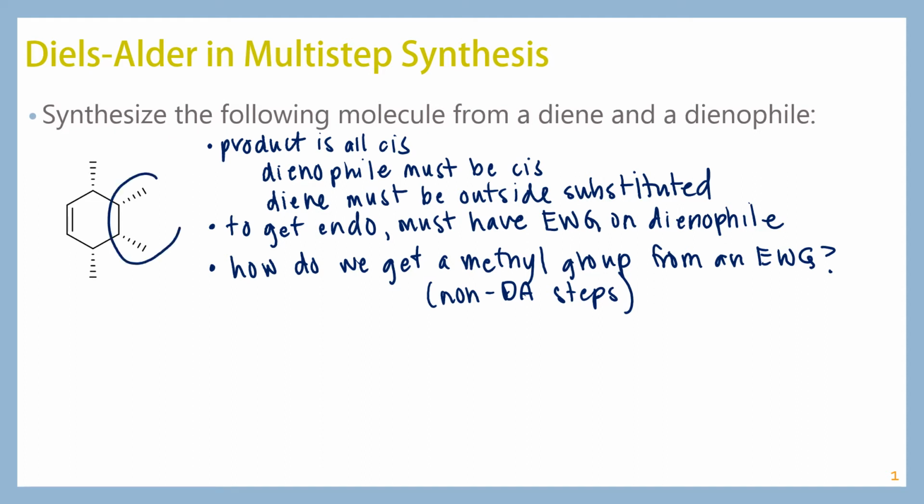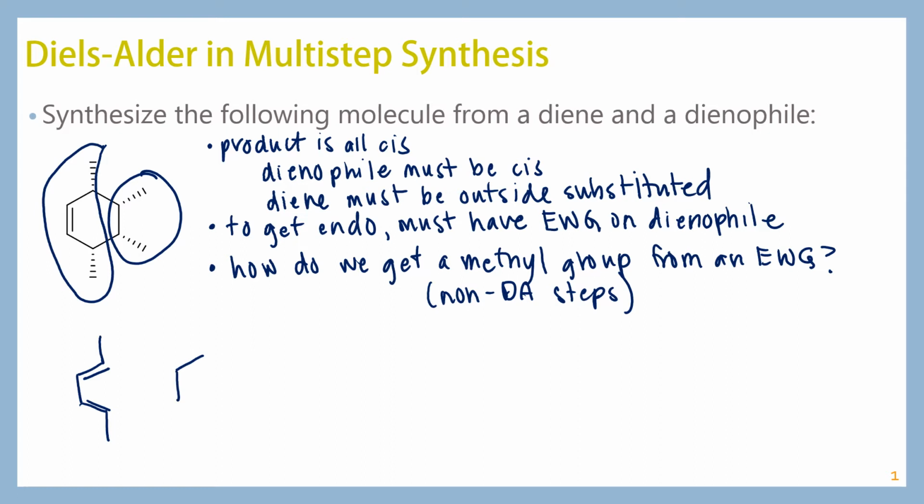So we need to figure out the identity of this thing, but something that we've already figured out is the identity of our diene. Our diene has to be made up of these 6 carbons. We know that we want our methyl substituents to be outside. So we have already identified our diene.